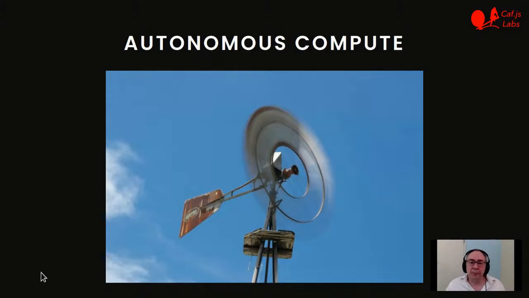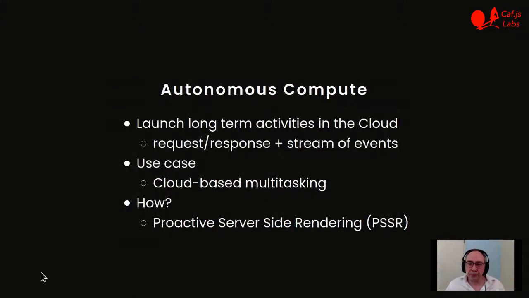Let me talk about autonomous compute. What we want to do here is launch long-term activities in the cloud and then be able to interact with them with a request-response model or just get a stream of events from them. An important use case is what we call cloud-based multitasking.